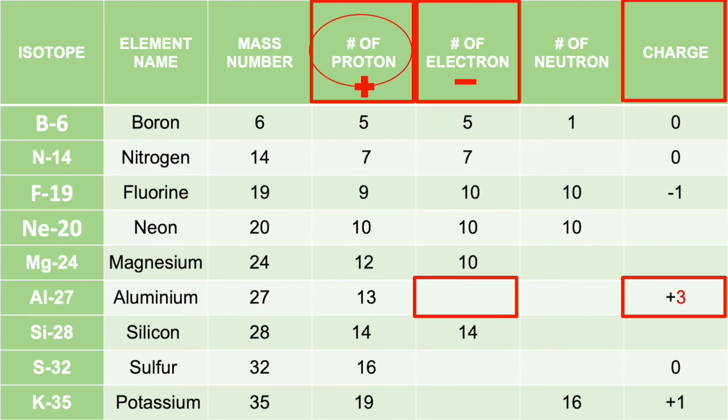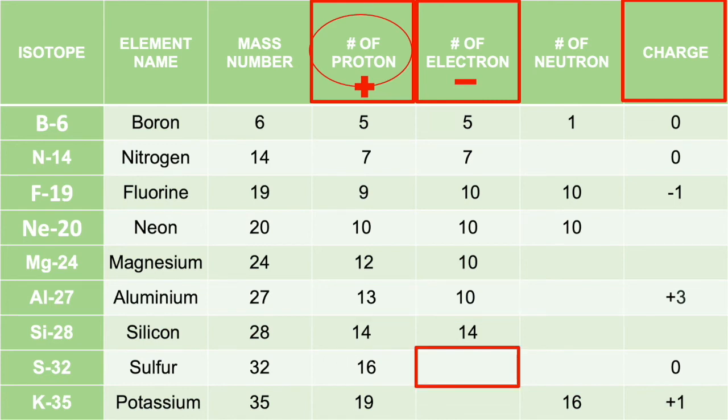So what is that number of which 13 is 3 greater? So the answer is 10. 13 is 3 greater than 10. It is now your turn. Try to indicate the number of electrons for sulfur and for potassium.